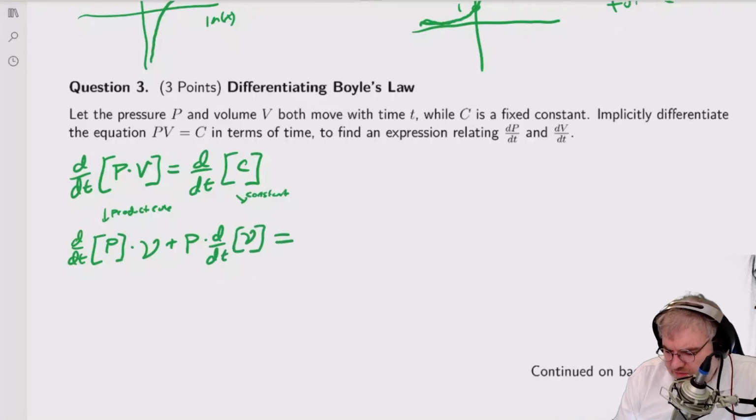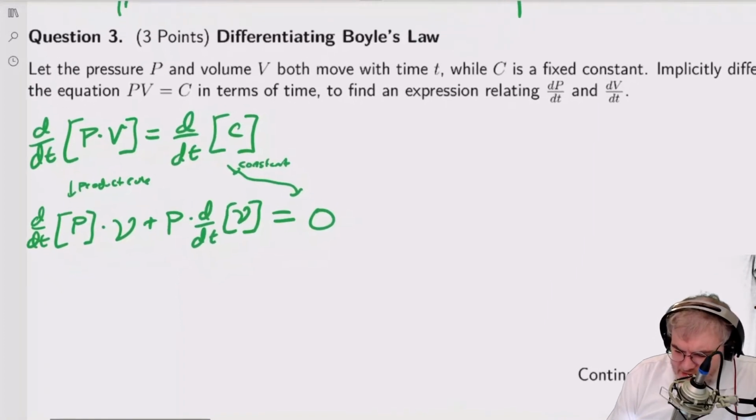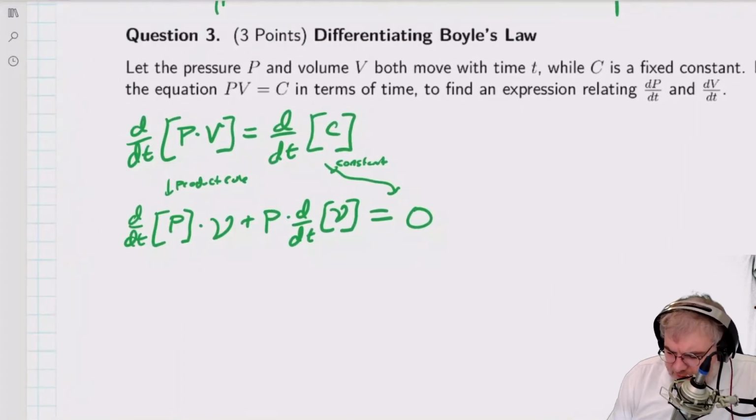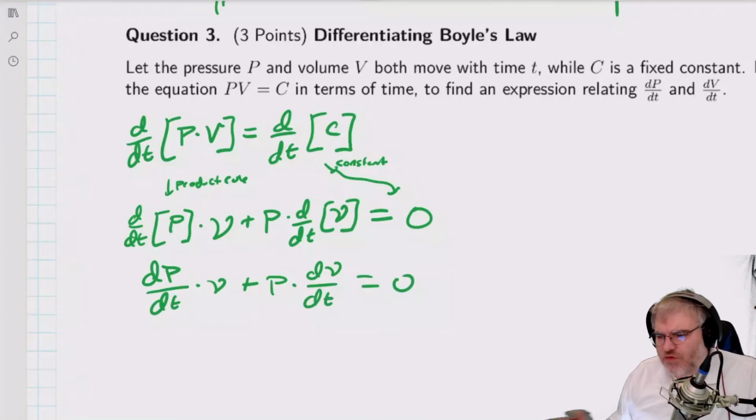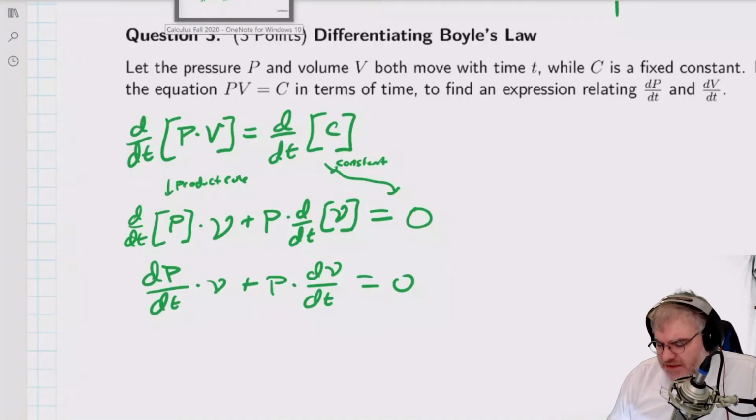And that's going to equal 0 because that's a constant. All right, so the derivative of the pressure is dp over dt, and then I've got a v that hangs out, plus a p times dv over dt, and that equals 0, and I'm done.